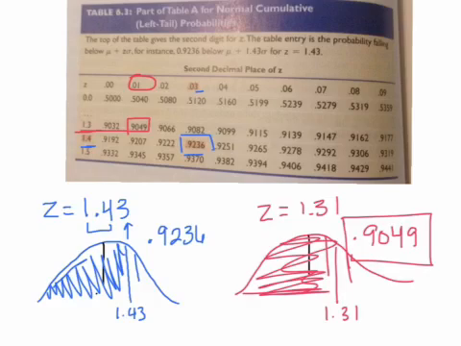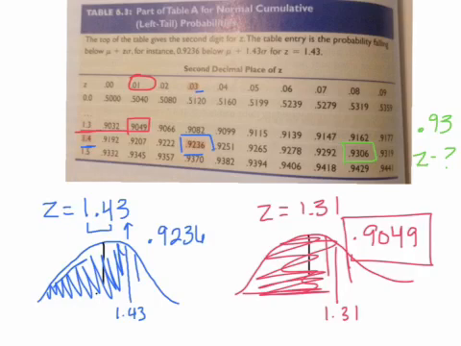This chart can also go the opposite way. Suppose I have a percentile that is 93%. I want to know what the z-score is. Here I would look for 93.06, which would be good.